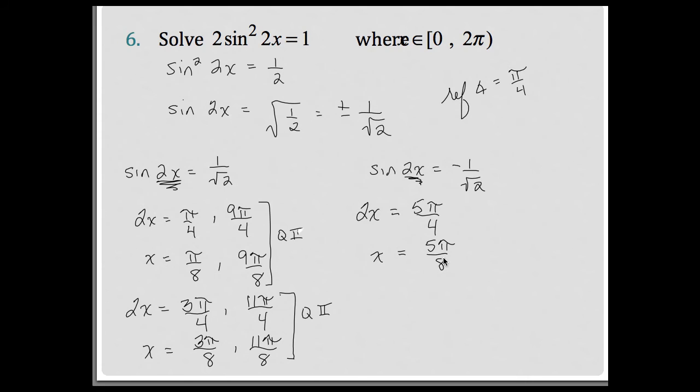So there's another answer. But imagine starting in the third quadrant at 5 pi over 4 and going around a complete circle back to that same place. So if you do 5 pi over 4 plus 2 pi, you get 13 pi over 4. Divide that by 2, you get 13 pi over 8.